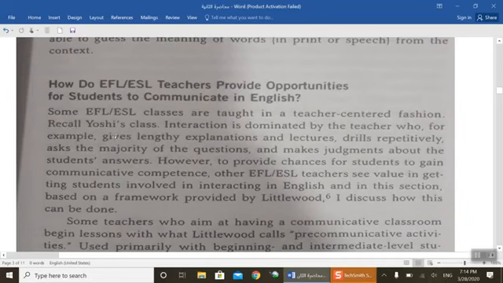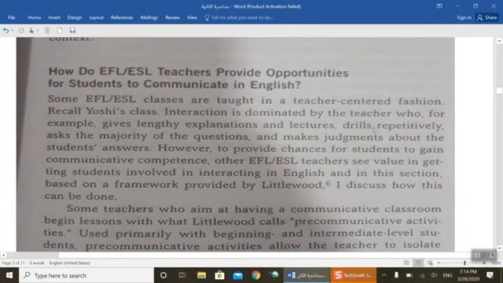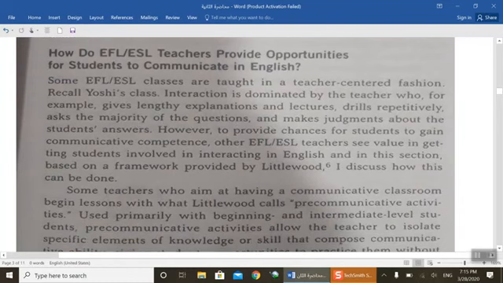Recall Yushi, remember Yushi. Class interaction is dominated by the teacher. This is what Yushi does, if you remember. For example, he gives lengthy explanations and lectures, draws repetitively, asks the majority of the questions, and makes judgments about the students' answers, okay.